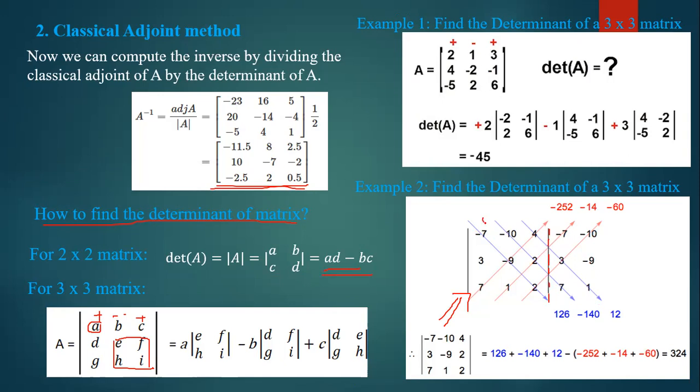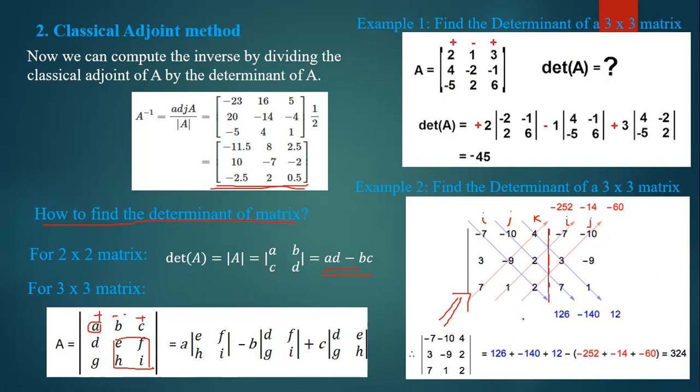This is I, this is J, and this is K. Then the I and J terms are repeated, K terms not given. So this gives 7 times minus 9 times 4, minus 252. 1 times 2 times minus 7, minus 14. 2 times 3 times minus 10, minus 60.